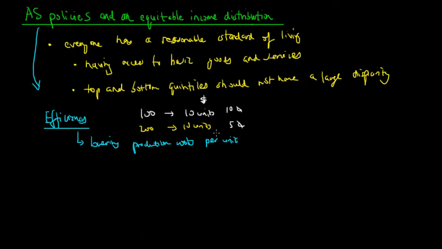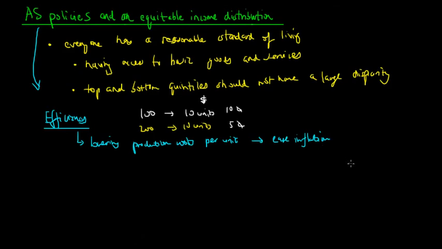So now we can see that by lowering production costs per unit, we are easing inflation. And if we look back to our lecture on inflation and income distribution, it is often those on lower incomes that suffer the most from high inflation.